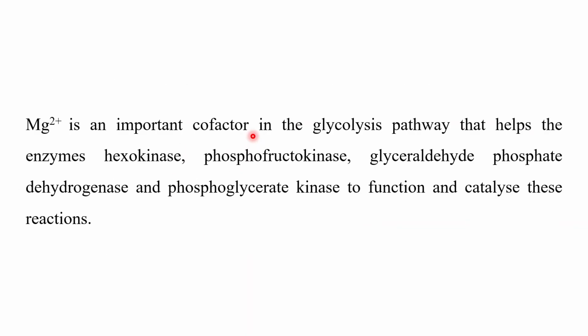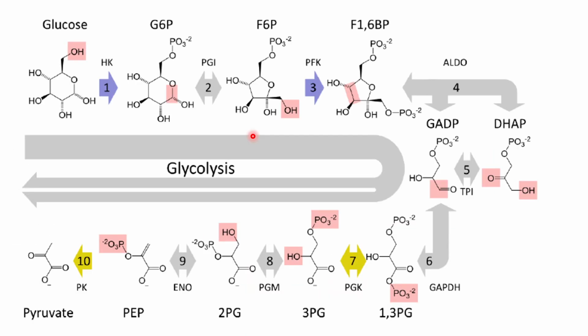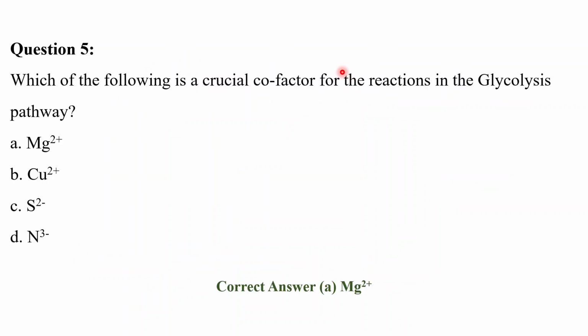So hexokinase, phosphofructokinase, glyceraldehyde phosphate dehydrogenase, and phosphoglycerate kinase, all four enzymes require Mg2 plus for their activity.